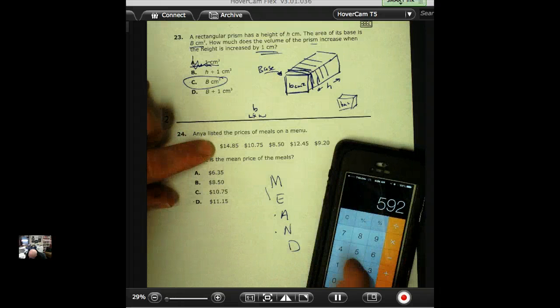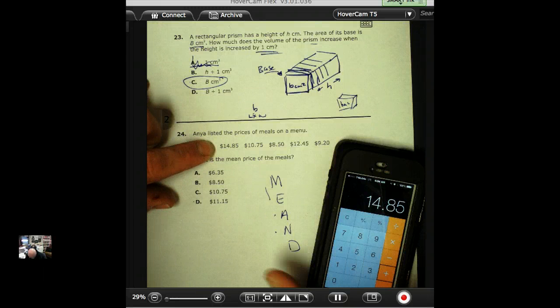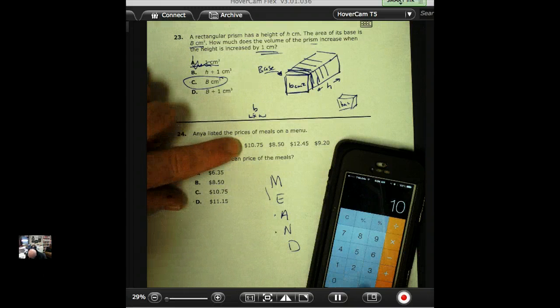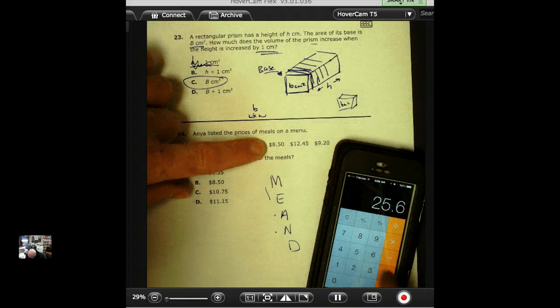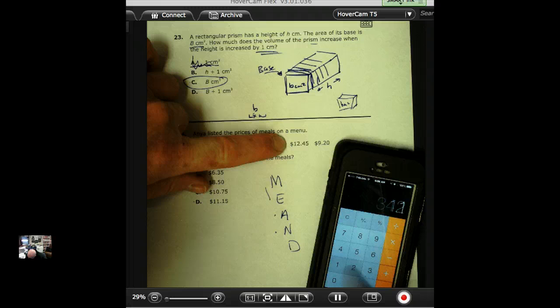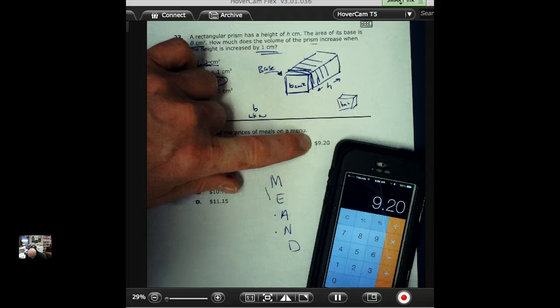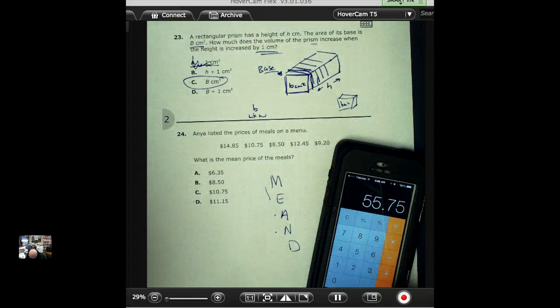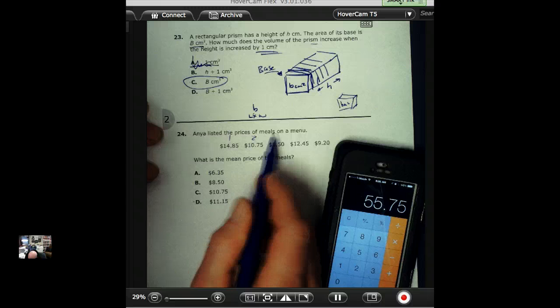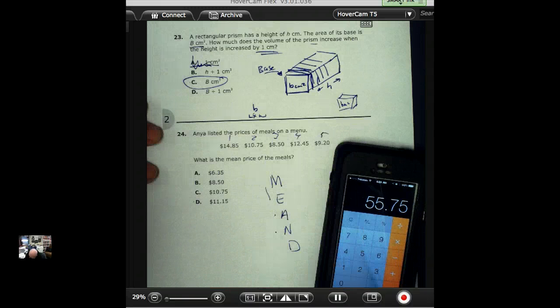We have 14.85 plus 10.75. That's 25.6, plus 8.50 plus 12.45 plus 9.20. That equals 55.75. And there's a total of 5 meals. So if I divide that by 5, I'm getting $11.15 per meal.